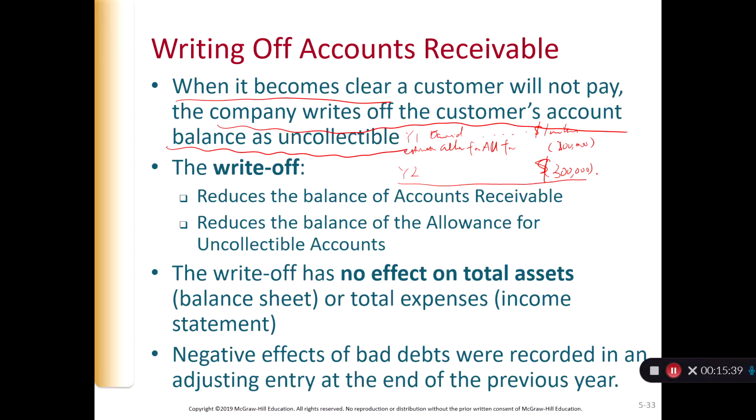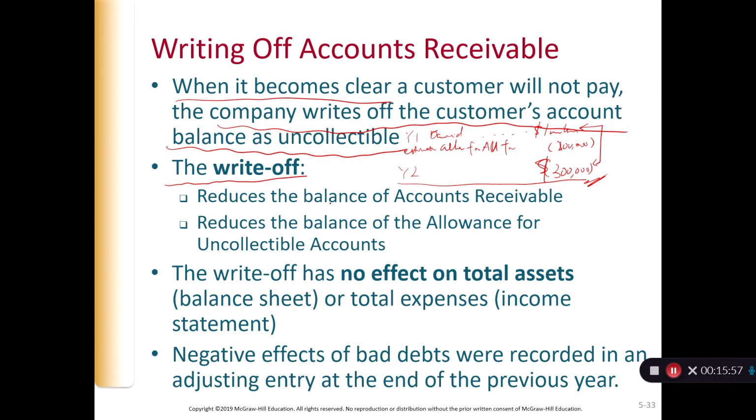Then how do you deal with this 300,000? We call this 300,000 actual uncollectibles. And then in accounting, how do you write off this uncollectibility of this $1 million?